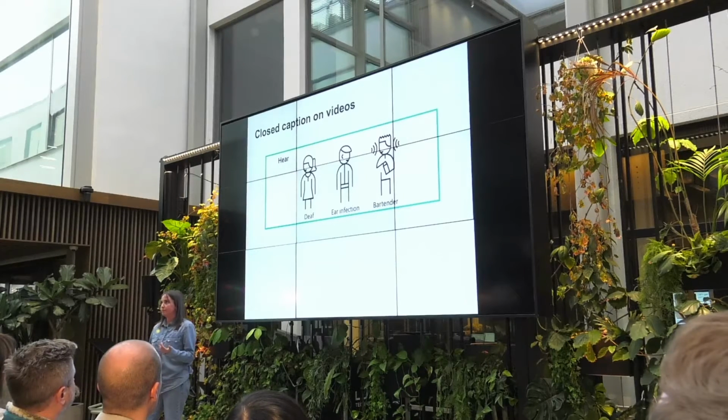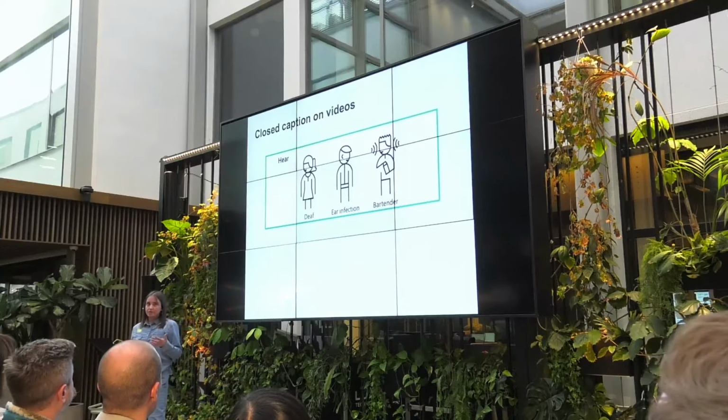And just to give an example, there is this concept that if you solve for one that is excluded, then you can extend to many. So not only this specific user group will benefit, but also other user groups will.